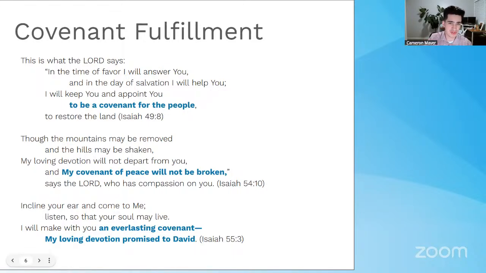So even though you are incurring this curse on you right now, there is hope for a future generation, at which point all of these pieces are going to be put back together. So maybe just real quick as some context. I think that's good for understanding the immediate context of Isaiah's day.